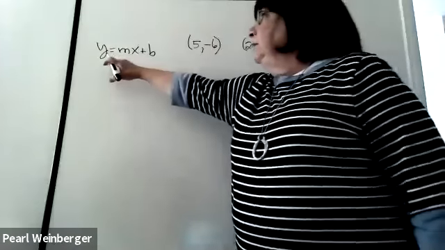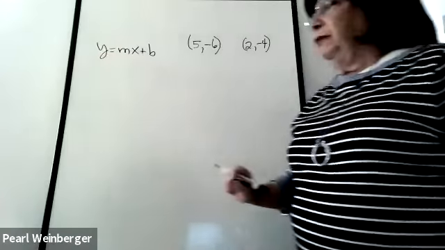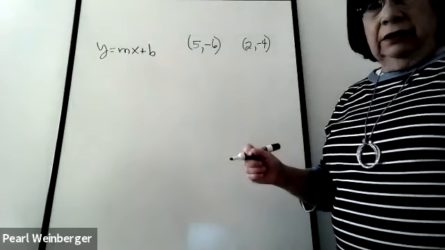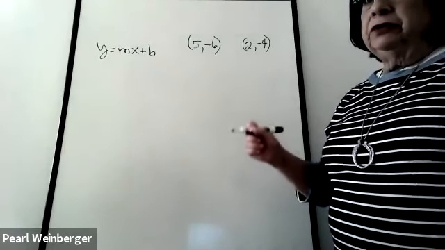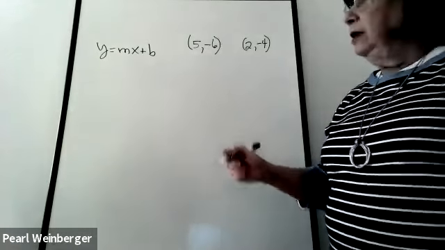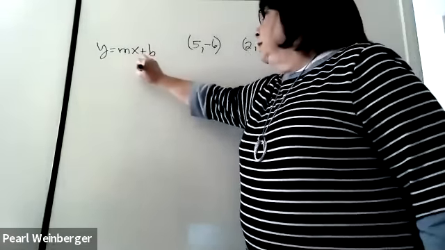Again, we want to get something in the slope intercept form, y equals mx plus b. And in all these cases, you want to first figure out what the slope of the line is going to be. Well, when you have 2 points, you can find the slope of the line by using what we call the slope formula.